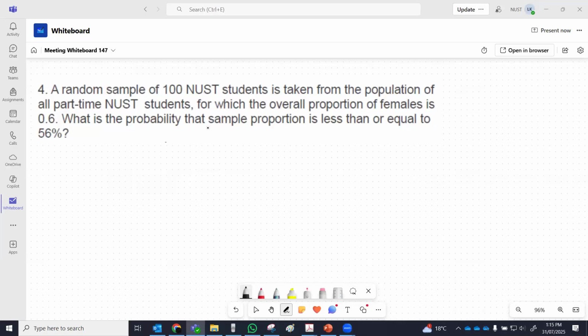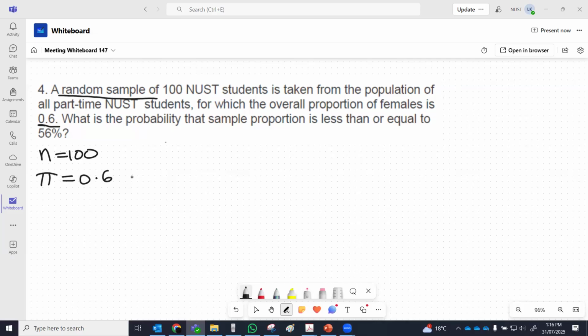First thing we do is we write down the information we are given. So we have this 100. This is from our random sample. So this is N. N is 100. Then we are given this 0.6. It says overall proportion. So overall is talking about the population. So we say pi is equal to 0.6.